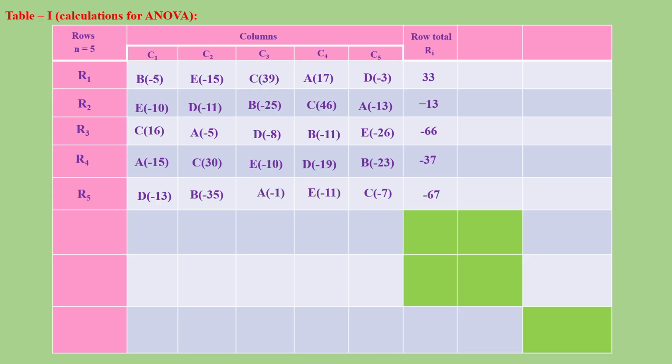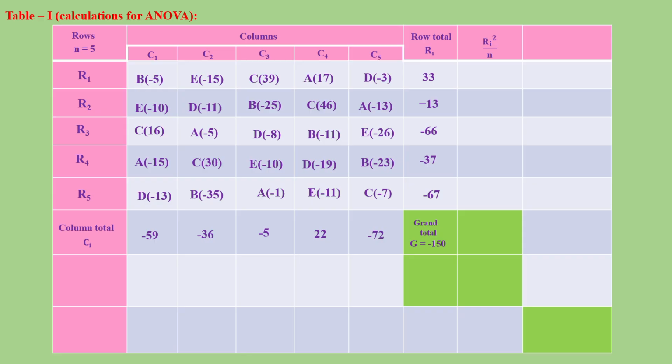Then similarly column total, right? First column total minus 59, second column minus 36, minus 5, 22, minus 72. Adding either column or row, you will get the grand total, right? So G is equal to minus 150. This is sigma Ri or sigma Cj, both are equal.